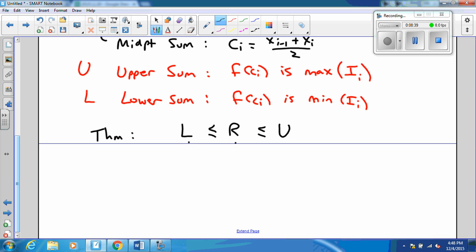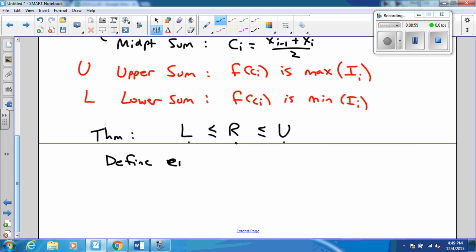So each rectangle has to have an area that's less than or equal to any other way of choosing that I could possibly mention. And likewise, the Riemann sum is always less than or equal to the upper sum for a given partition.